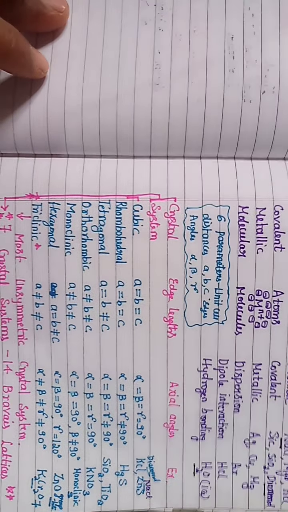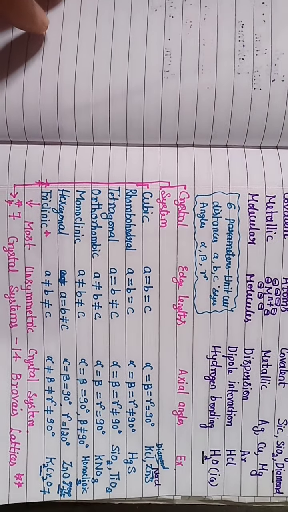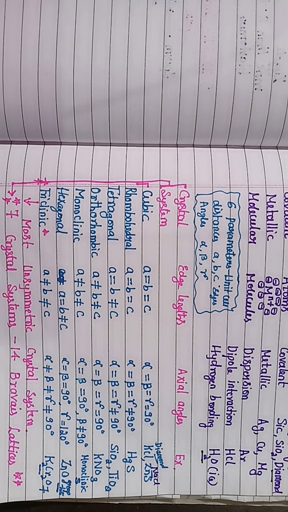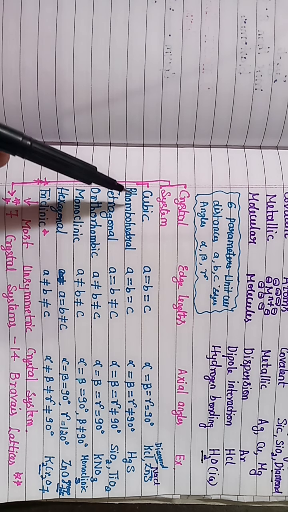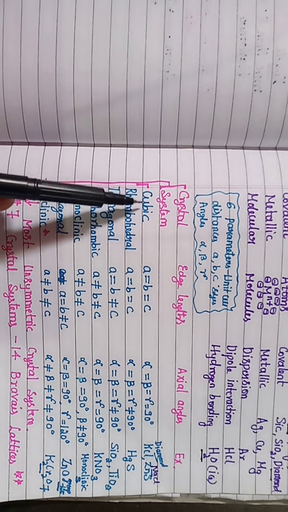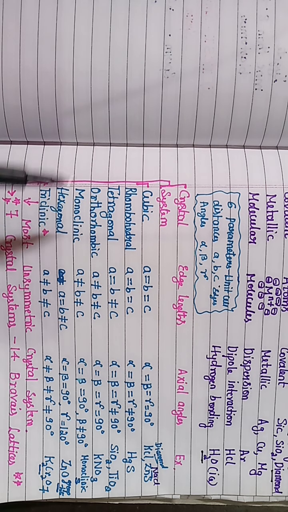Now there are totally 7 crystal systems, and they form 14 Bravais lattices. It is not important to remember the 14 Bravais lattices, but the 7 crystal systems we need to remember. They are cubic, rhombohedral, tetragonal, orthorhombic, monoclinic, hexagonal and triclinic.